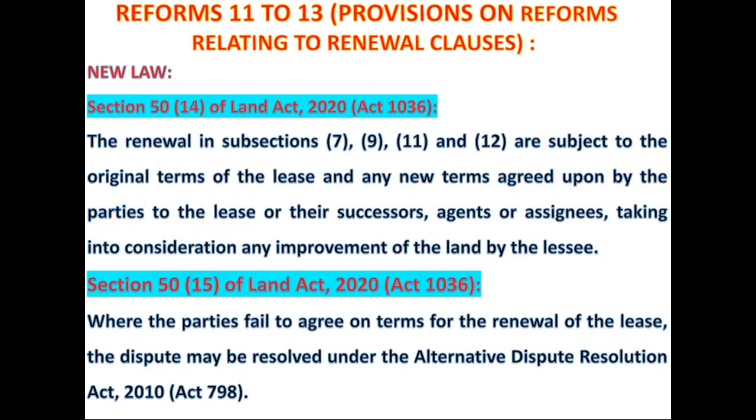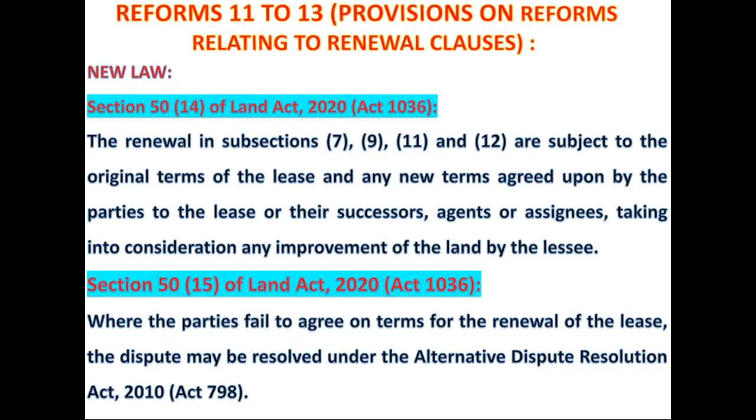Look at section 50, subsection 14 of the Land Act of 2020, Act 1036. It reads as follows, and I quote: the renewal in subsections 7, 9, 11, and 12 are subject to the original terms of the lease, and any new terms agreed upon by the parties to the lease or their successors, agents, or assignees, taking into consideration any improvement on the land by the lessee.